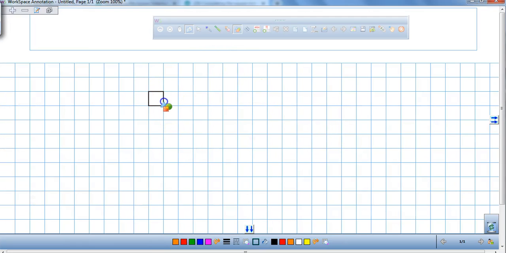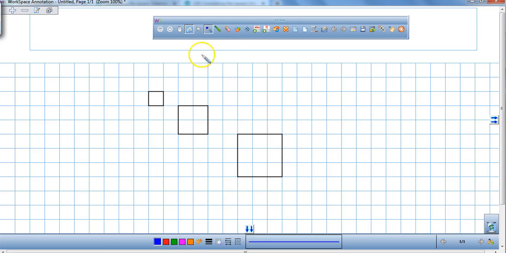Alright, so here we have a 1 by 1, here we have a 2 by 2, here we have a 3 by 3, and you can kind of see, this is 1 square unit, this is 4 square units, this is 9 square units.